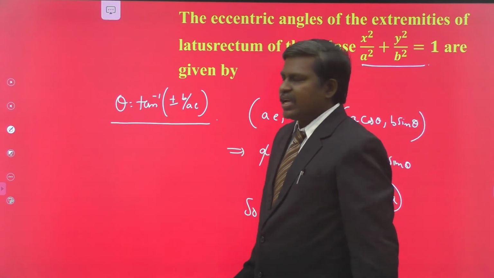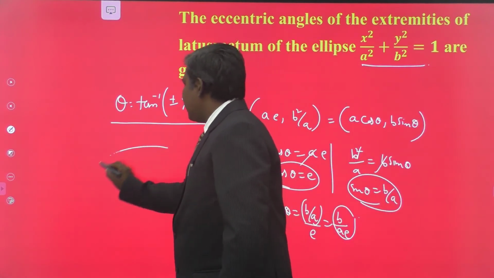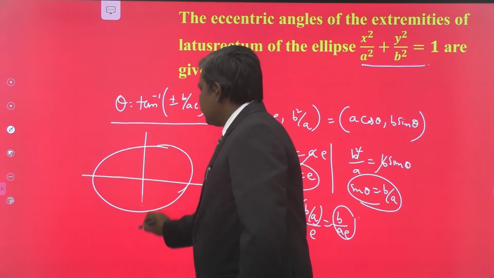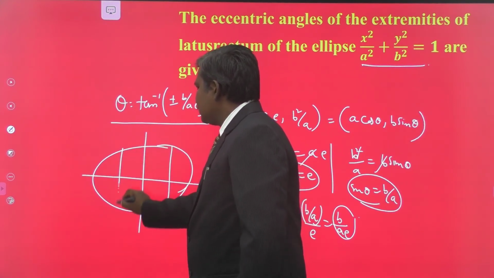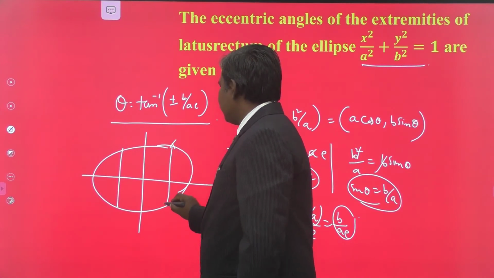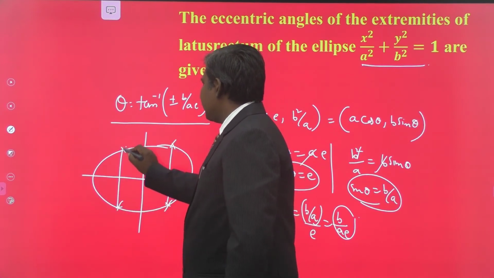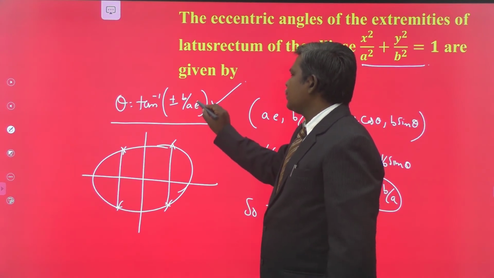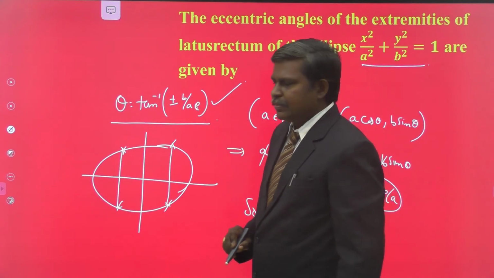Because we have two latus rectum, there exist four extremities. Their corresponding eccentric angles are like that. tan inverse of plus or minus b by ae. Okay.